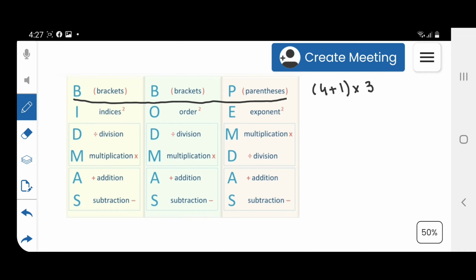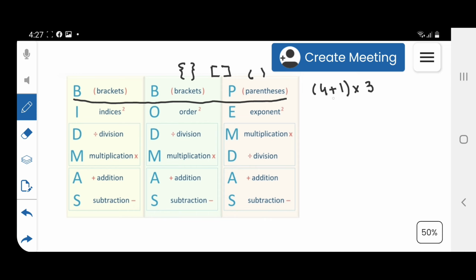Are we going to multiply this 3 with something, or are we going to add these things? If you know about BIDMAS, BODMAS or PEMDAS, you just recall it and you will remember that the first thing we are going to solve here is the bracket or parenthesis, which is exactly the same: the opening bracket, the closing bracket, or maybe the square brackets, or the parentheses, the curved brackets.